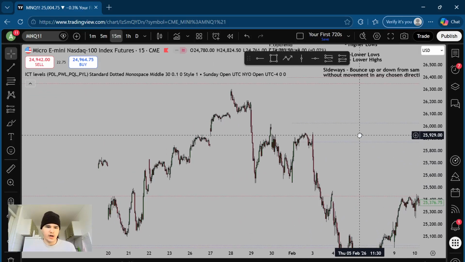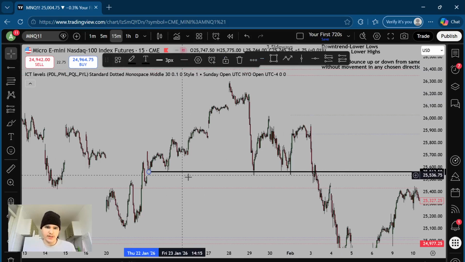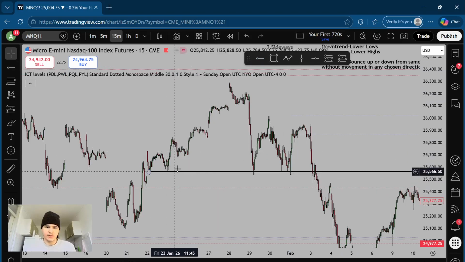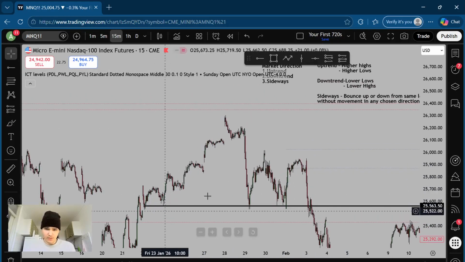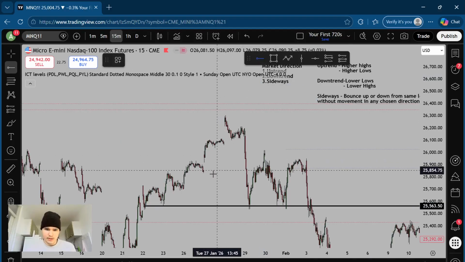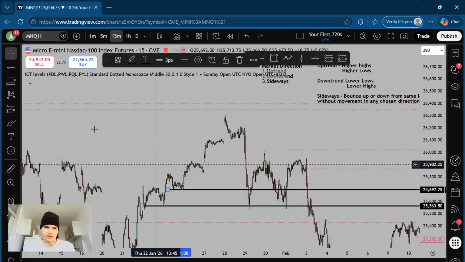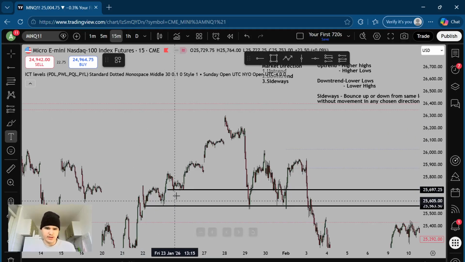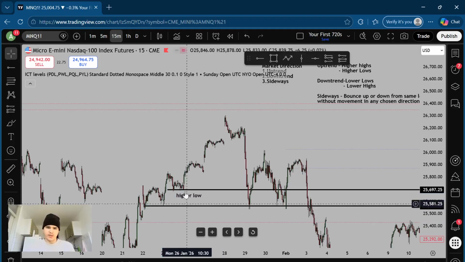So we are on MNQ right here. And what do we have here? Okay, we have the starting of the opening price right here. So this right here would be our starting low. This second one right here, okay, what would this be, guys? This would be our higher low, right? Because this low right here is higher than this one.